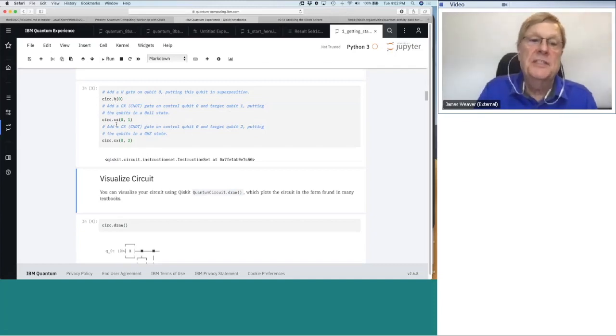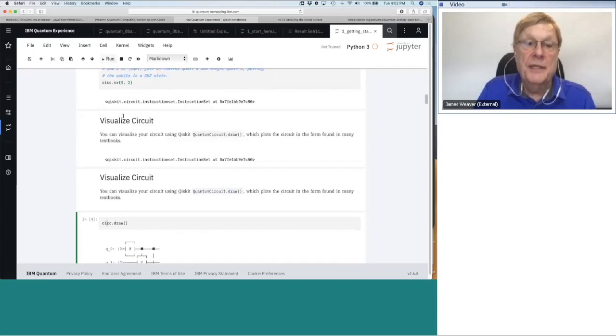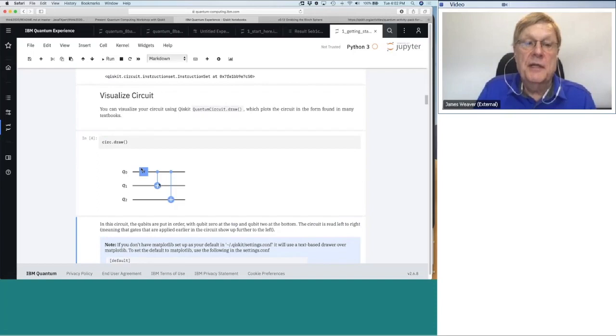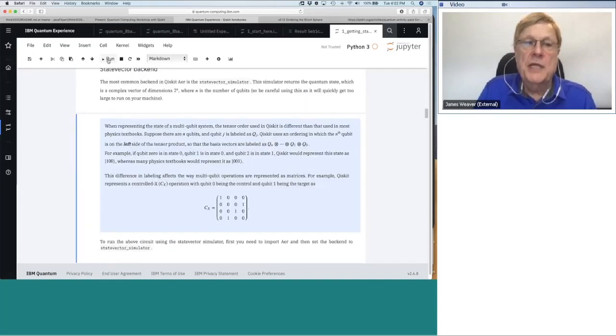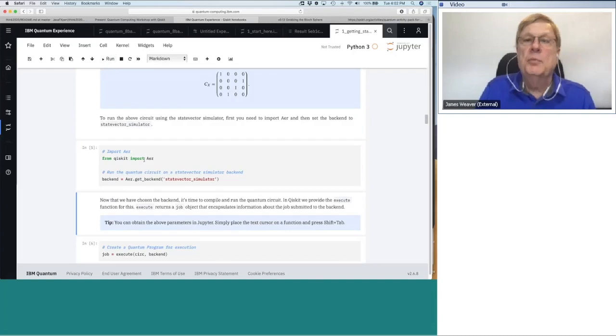Here we're putting in a CX. As you can guess, it's a CNOT gate, where the control wire is the 0 wire, the top wire, and the X gate is on the 1 wire. And so then we can do things like visualize the circuit. We could run, and we could see our circuit, and then we could see some different visualizations. And so you can go play through that and play through the other resource that I just talked about.